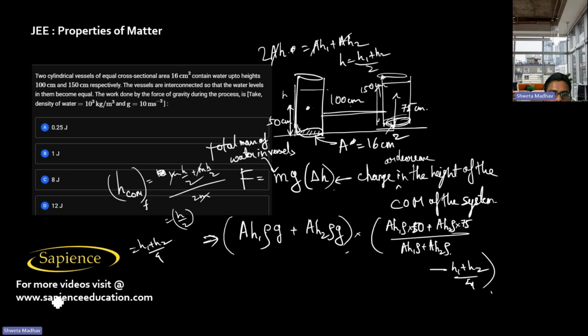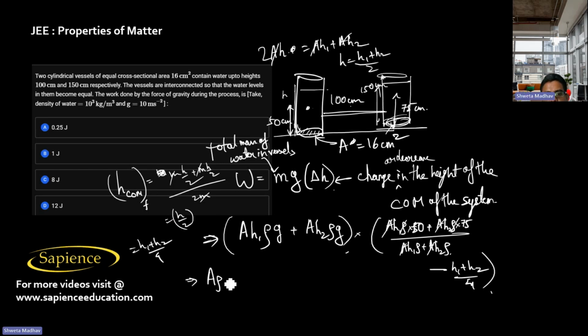So this will be the work done actually. It is not the force. It will be the work done by the force of gravity during this process. Here A and rho I can cancel out.